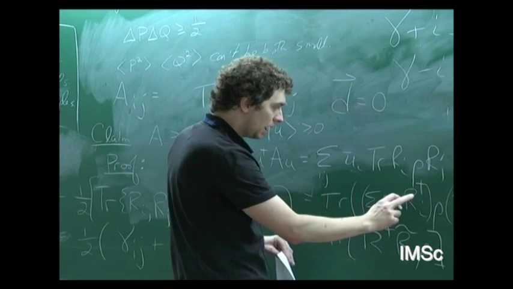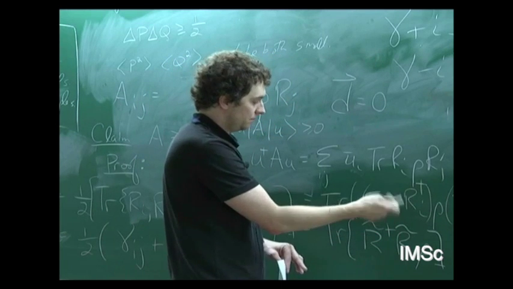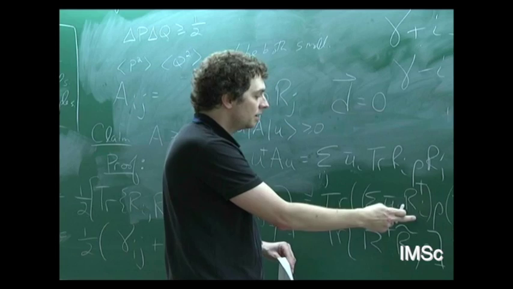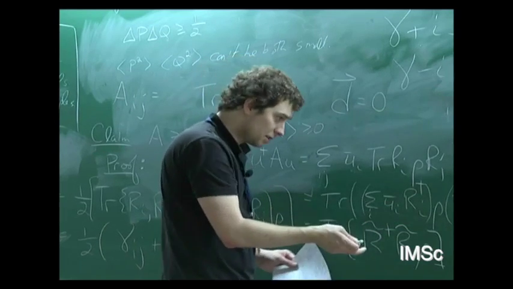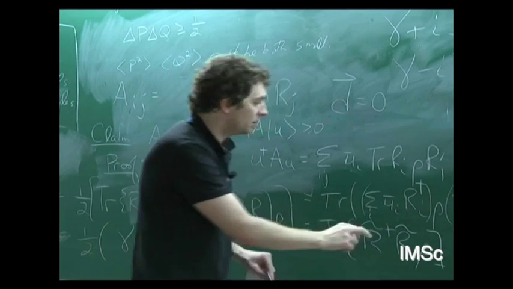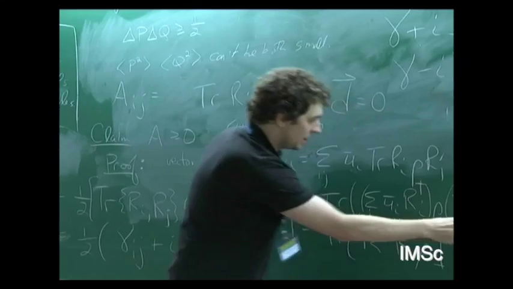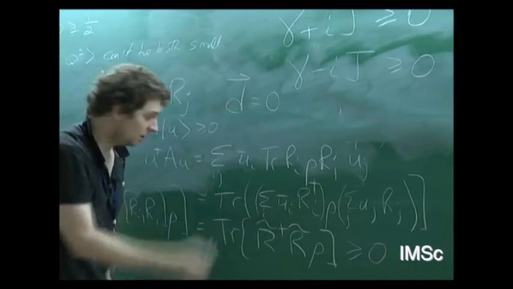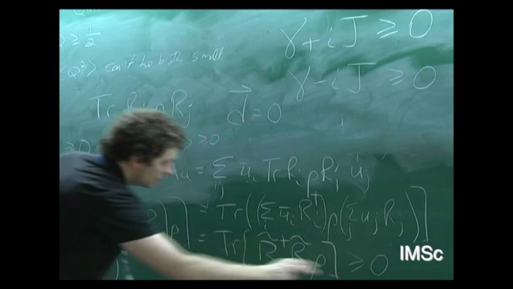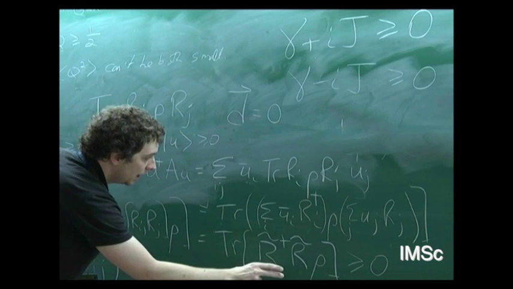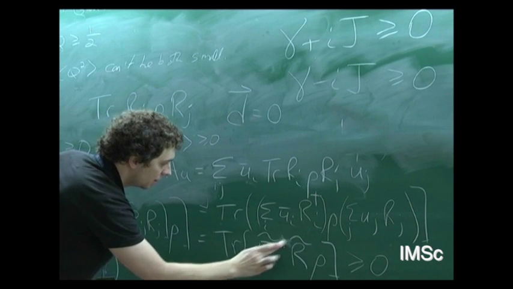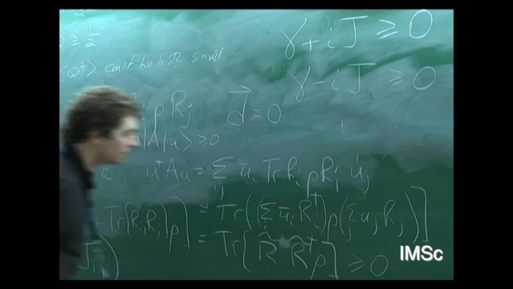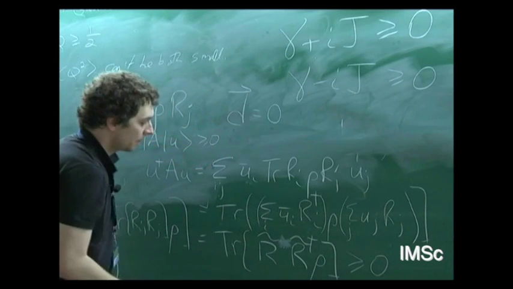And I've taken the dagger, or the Hermitian conjugate, of Ri, which I'm allowed to do because these things are Hermitian. But now we observe that this is the same quantity as this, with the exception of the extra dagger. So I use the cyclic property here and move, I guess this should have been R tilde dagger, I move this over to there.